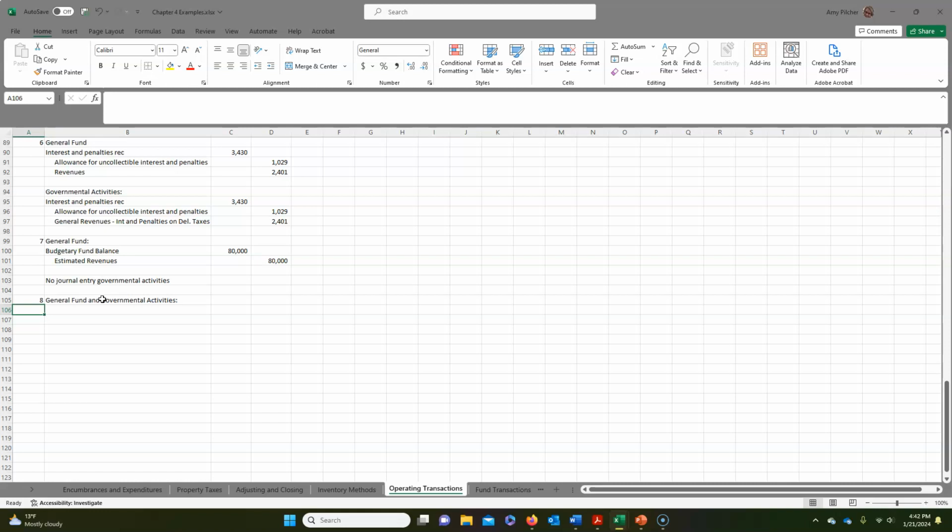So since the transactions are the same under both the general fund and governmental activities, I'm only going to post it once, but know that you would do it twice, once in the general fund and once in governmental activities. We have allowance for uncollectible taxes, and then we have the interest and penalties, and taxes receivable delinquent.